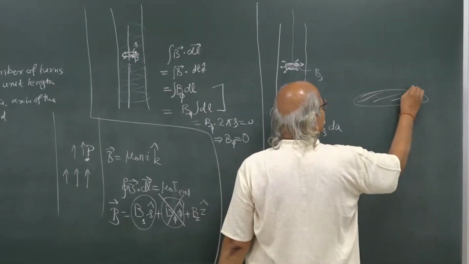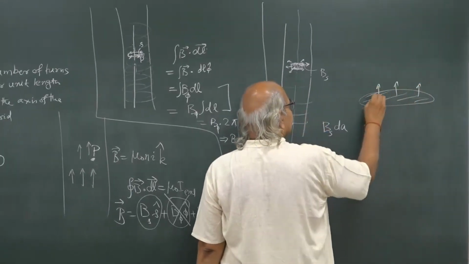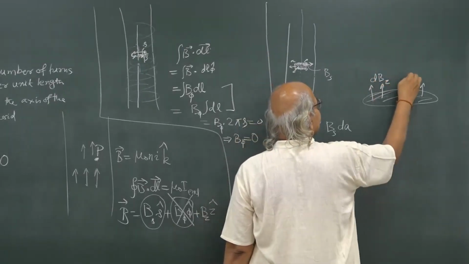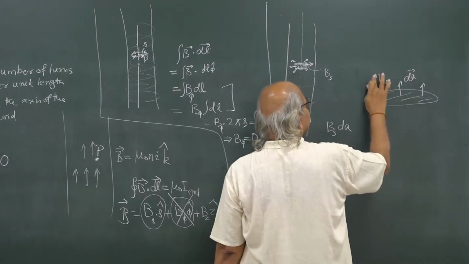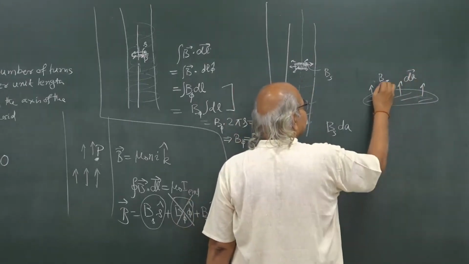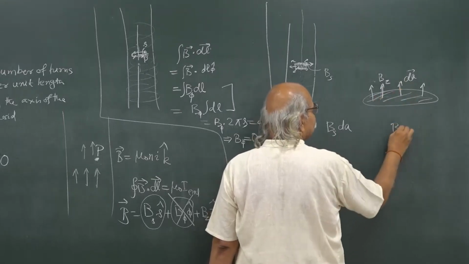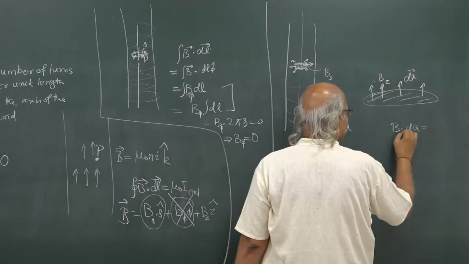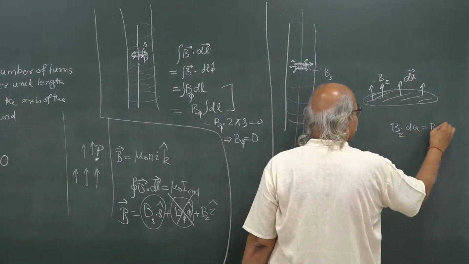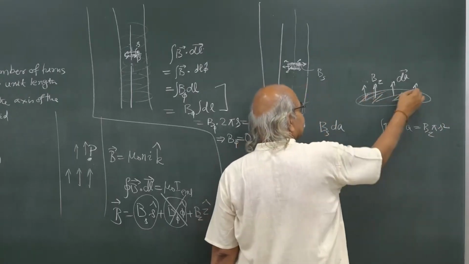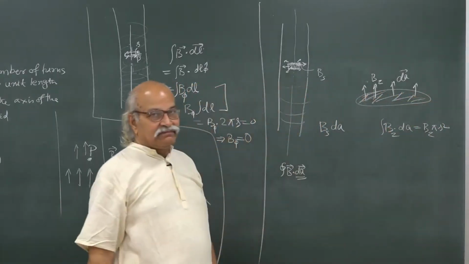If there is a Bz out here, the dA is also in this direction, so when you do B dot dA, both are in the same direction, and you will have B into dA on the top surface. So, this will be Bz into pi S square if you integrate on the top surface, and positive.